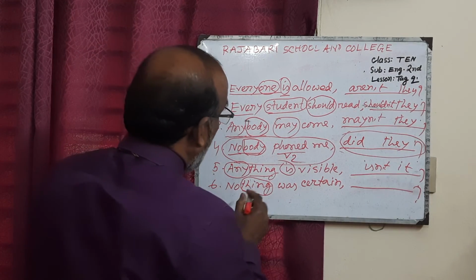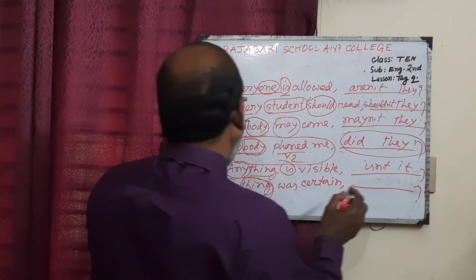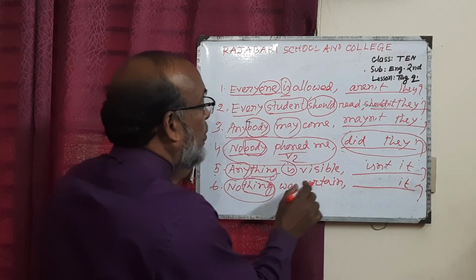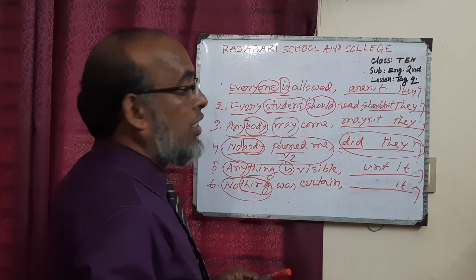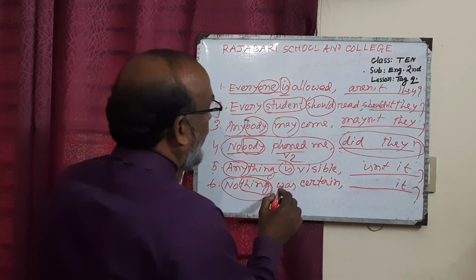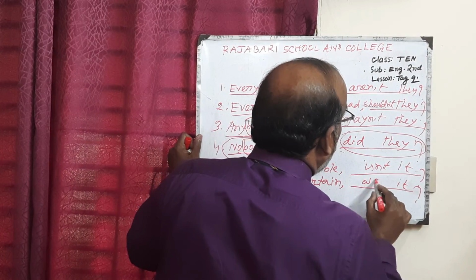This is why the subject will be it. And nothing was certain is a negative sentence. This is why here the tag will be affirmative. So you have to use only was here.